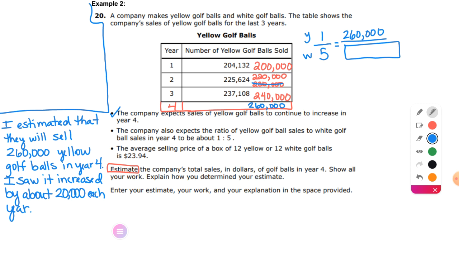So essentially the math we're doing in the calculator is 5 times 260,000. What's the easiest way to type that into a calculator? 26 times 5 and add how many zeros? 4. So 26 times 5 is 130. Then I add my 4 zeros.